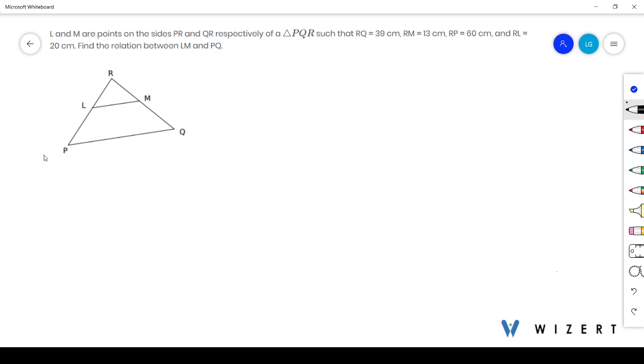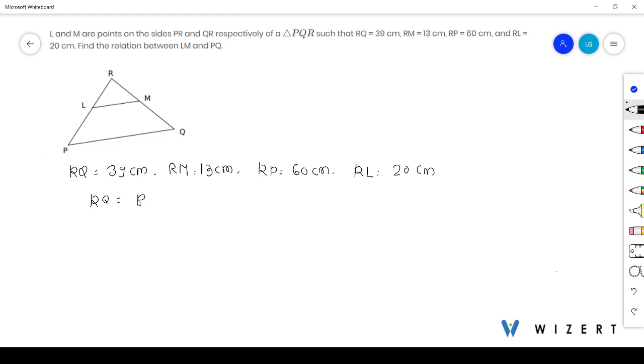Find the relation between LM and PQ. Here we have given RQ equals 39 cm, RM equals 13 cm, RP equals 60 centimeters, RL equals 20 centimeters.